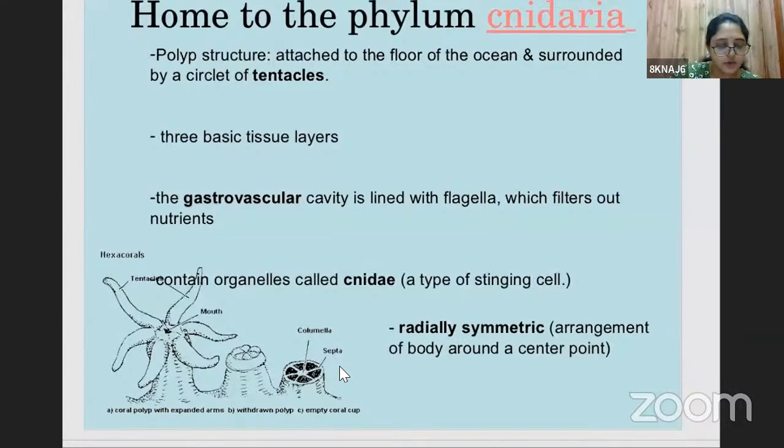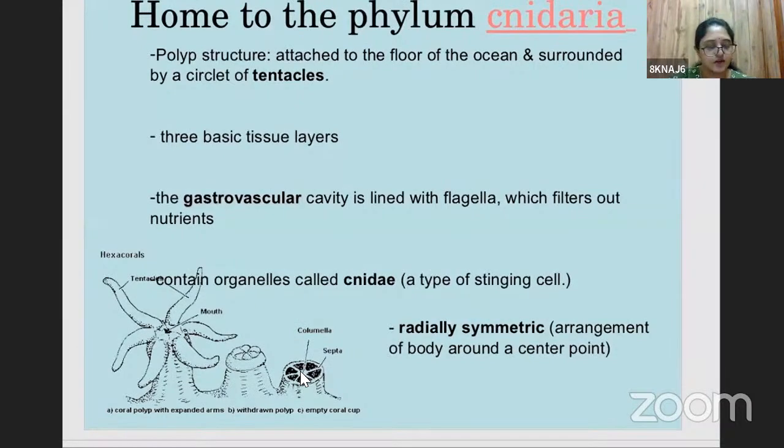Then inside that you have living spaces which are known as coenenchyme. Then you have the basal plate, again basic structure, and then you have the sclerosepta, and then the disepiments. All of this is known as the columella.